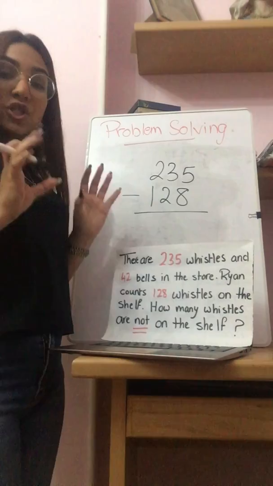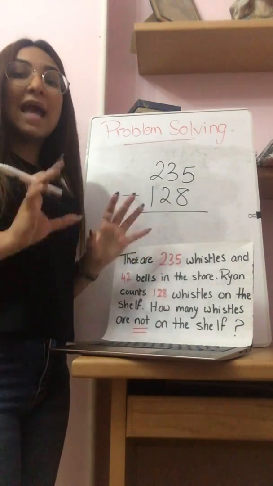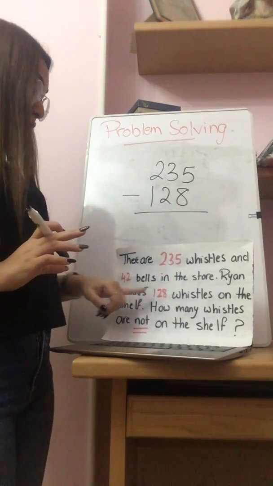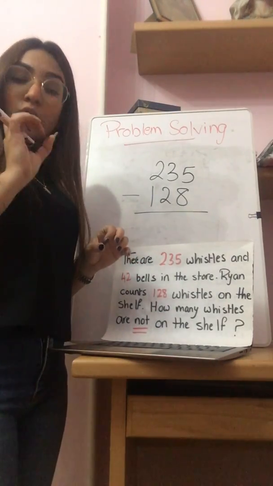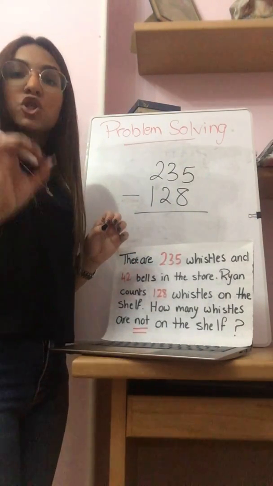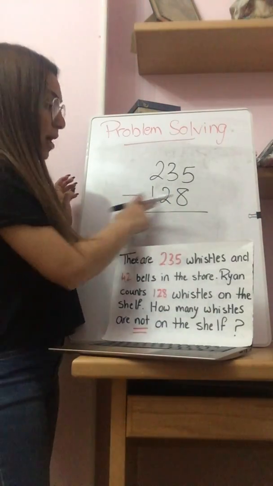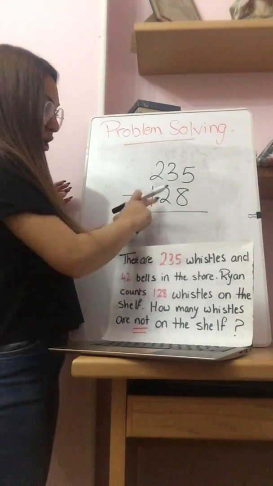What can we do in order to know how many whistles are not on the shelf? I have to subtract, because I have the total number of whistles and the number of whistles that are on the shelf, and I need to know how many whistles are not on the shelf. 235 minus the number of whistles on the shelf, which is 128.